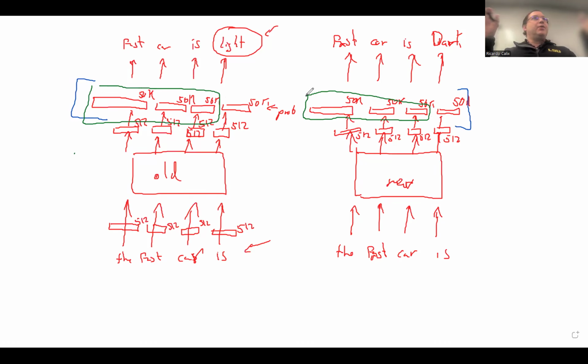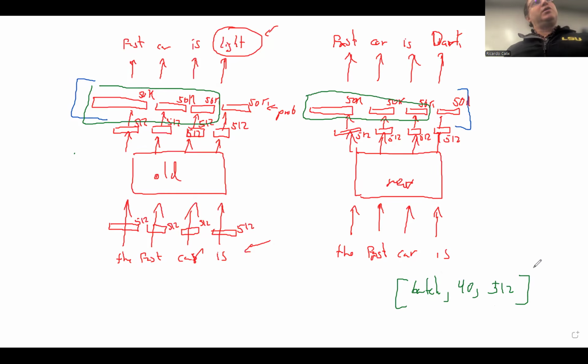You can concatenate all the vectors, whatever you want to do, take out one value, right? But remember, this is a tensor of batch by sequence, let's say 40, by 512, which will become 50,000, which will become the ID that you selected. But when you go to the ID that you selected, you've gone too far.